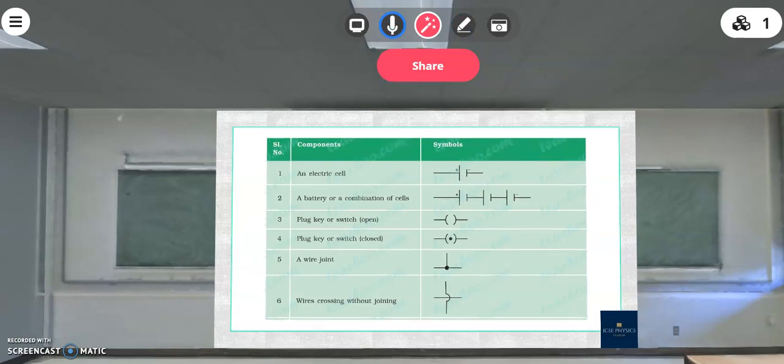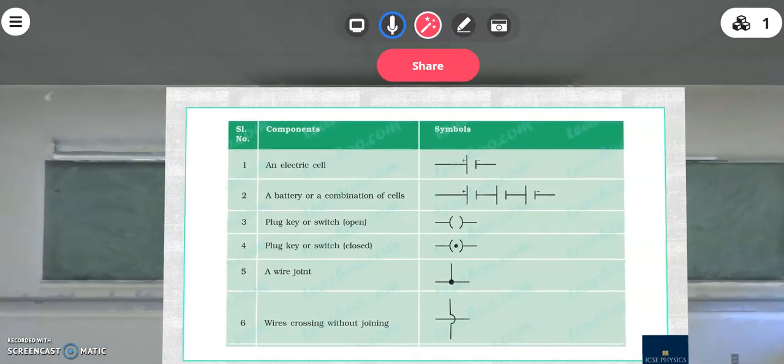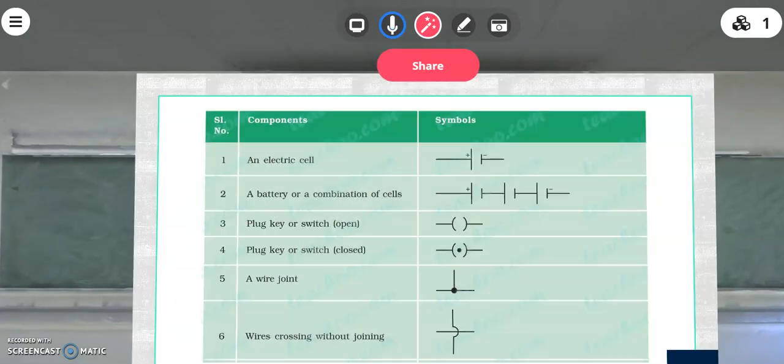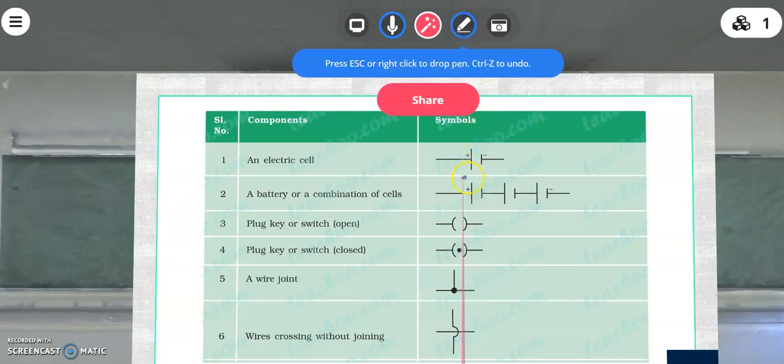Now let's see how an electric cell or a battery is represented in a circuit diagram. If you see a symbol such as this, a big stick with a small stick, it's a battery or a cell representation. Always the current flow will be from the positive to the negative.